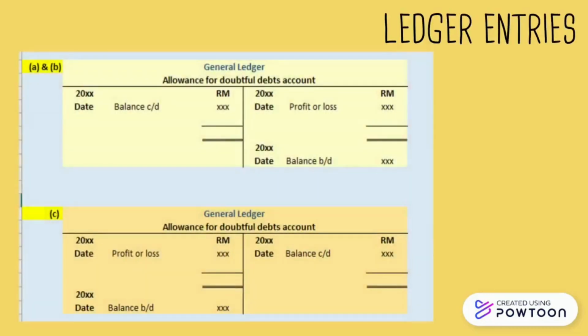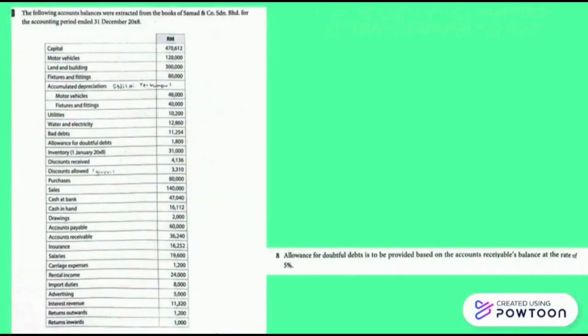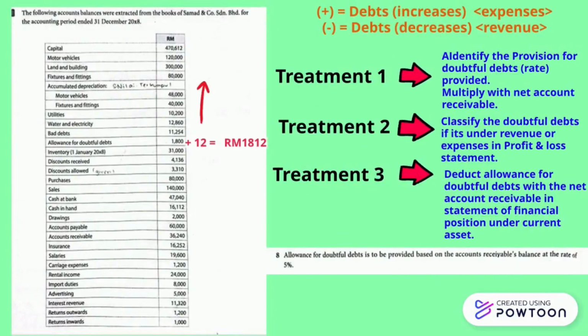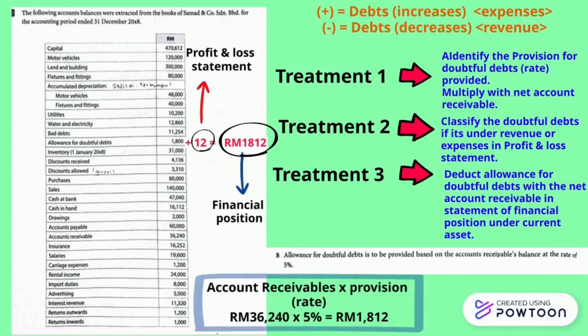These are the ledgers for the journal just now. Now I'll briefly explain the question. Based on additional information number 8, the allowance for doubtful debt is 1,812, which follows the first treatment. On the classification part, which is treatment 2, there is an increase in allowance for doubtful debts.